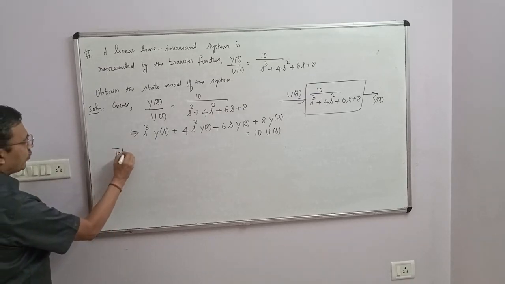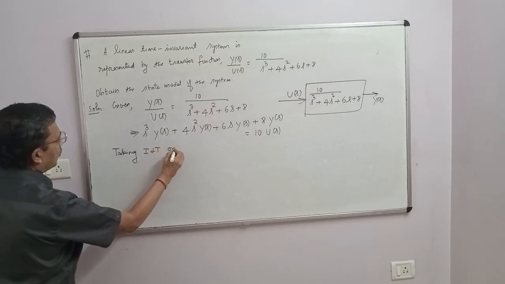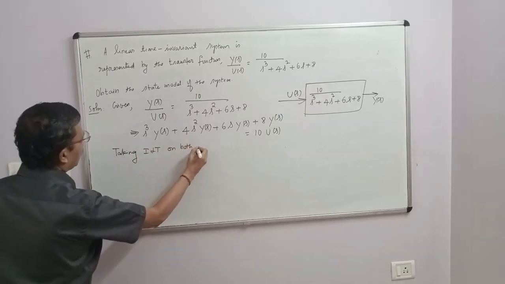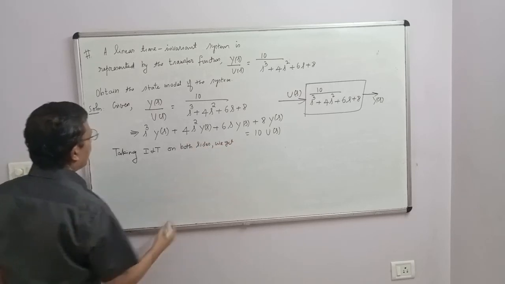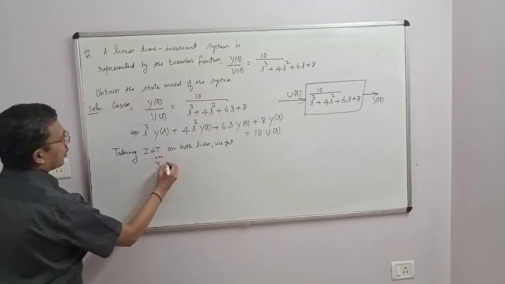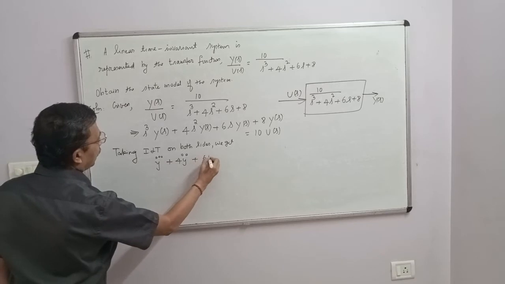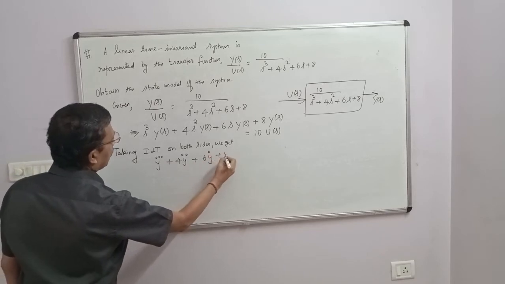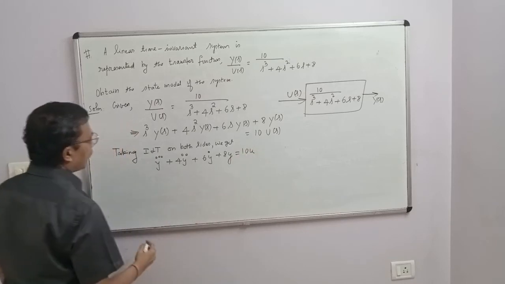Taking inverse Laplace transform on both sides, we get y triple dot plus 4y double dot plus 6y dot plus 8y is equal to 10u.